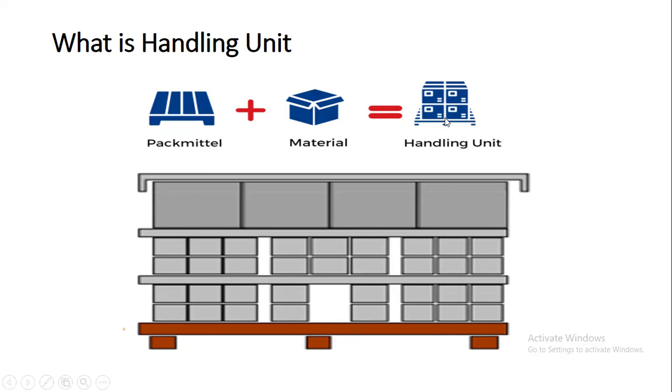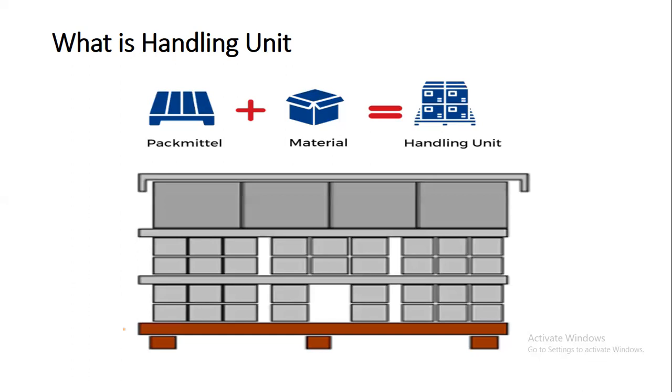Now, why do we need the handling unit? What is the need to maintain handling units in SAP? Many organizations are dispatching, shipping, or storing goods with packaging materials as well as the actual materials. So we should know what packaging materials we have used, how we store those materials, and which different materials we have stored and shipped.